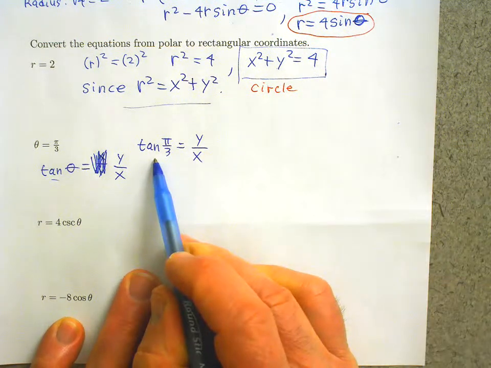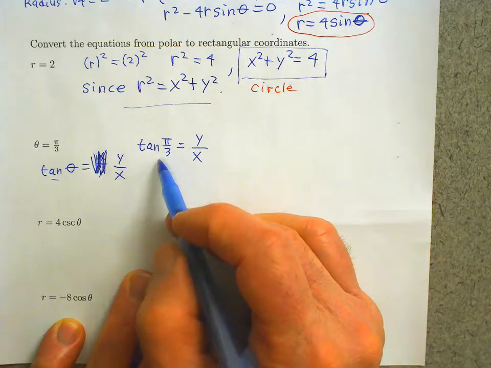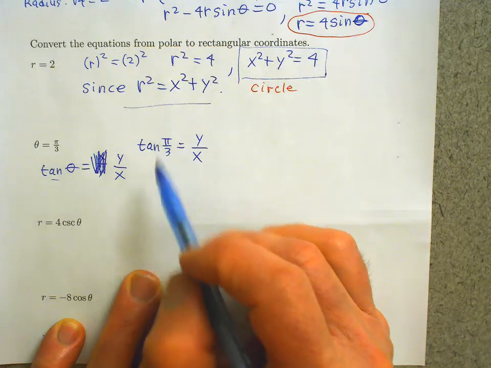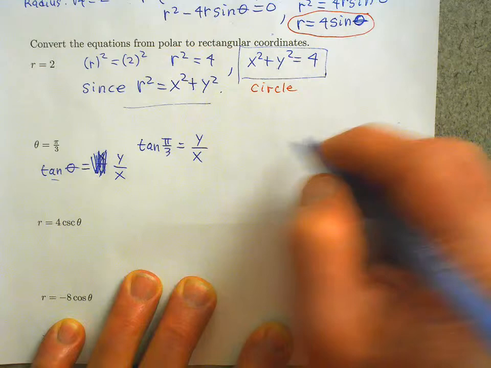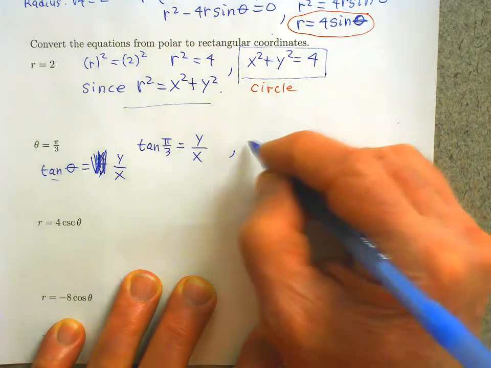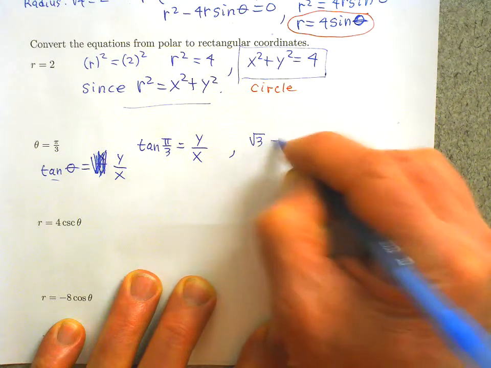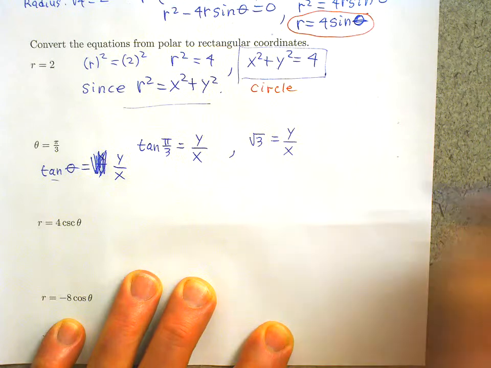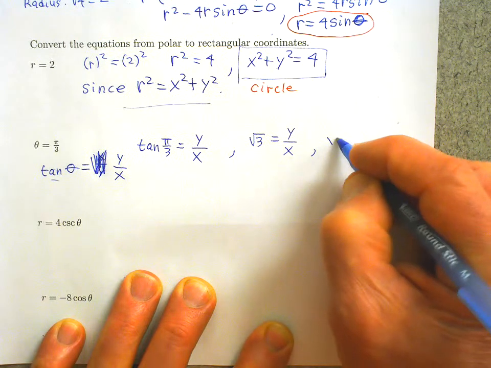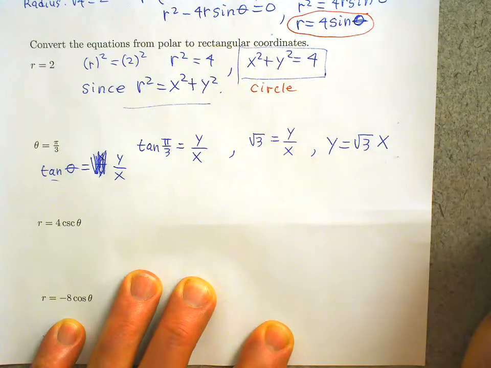But we know what the tangent of pi over 3 is. So that's sine of pi over 3 over cosine of pi over 3. So tangent of pi over 3 is the square root of 3. So the square root of 3 equals y over x. And so y equals the square root of 3 times x.